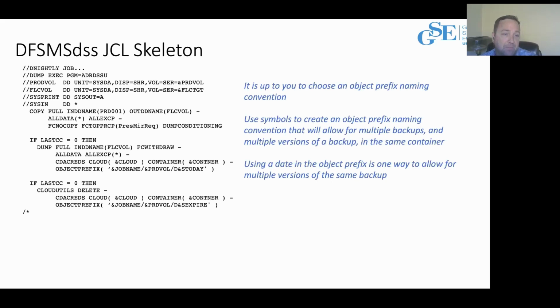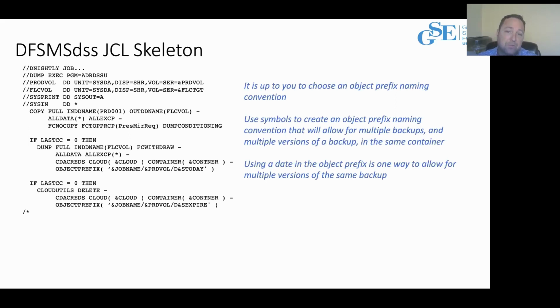The copy full will copy our prod 001 to flash copy FLC target, and we'll do the standard flash copy, no copy, preserve mirror, and dump conditioning. Then we'll dump that off to the cloud in our DSS container with a particular object prefix.